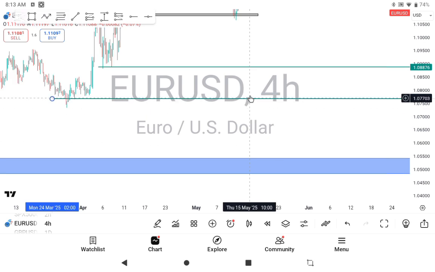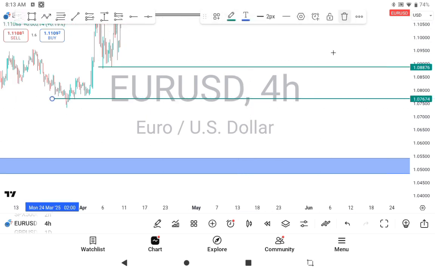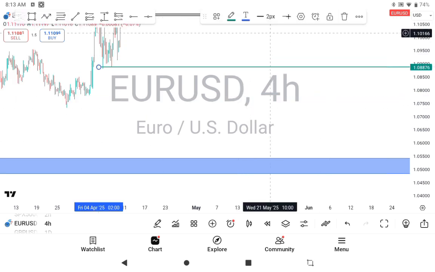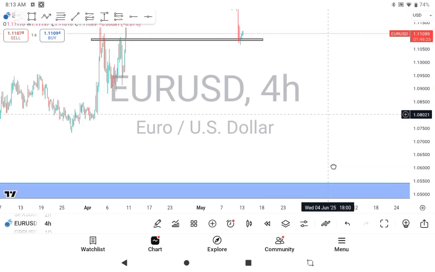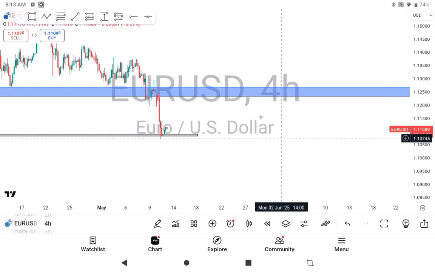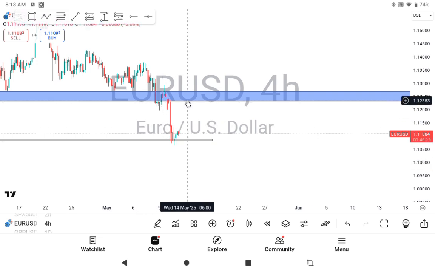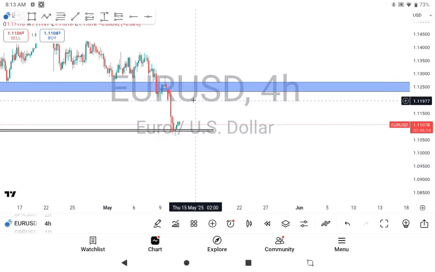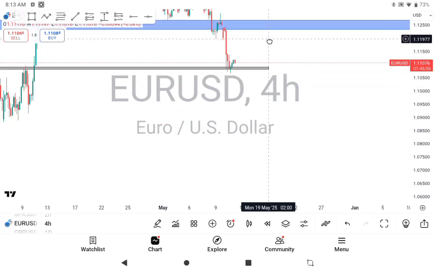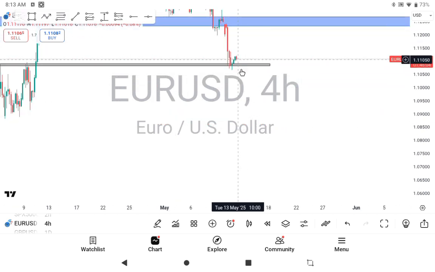So what we are patiently waiting for right now is to see Euro USD price pulling back right here to this resistance level. Let previous support turn resistance, and Euro USD will sell back down to attempt this level again. If this level is cleared, that means Euro USD will be free to sell down.